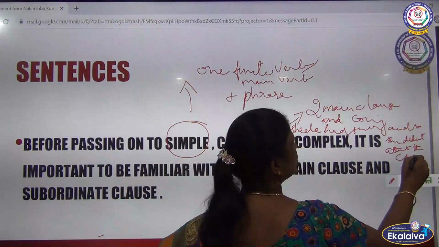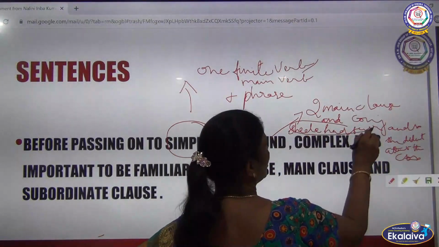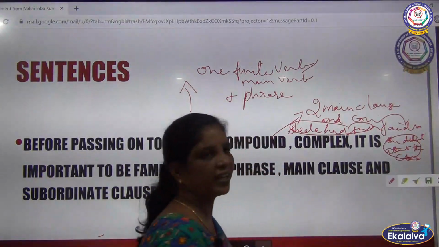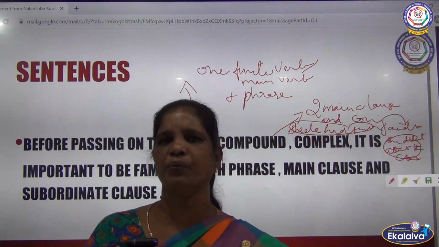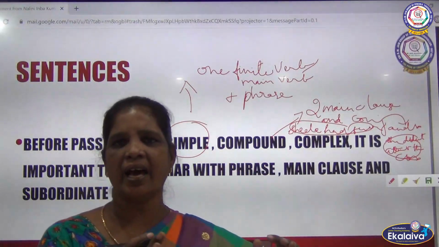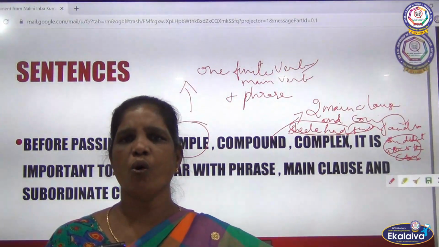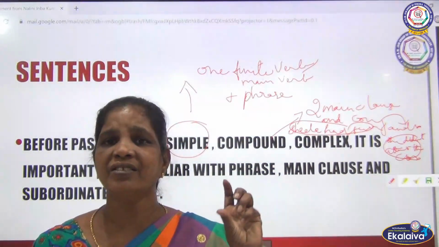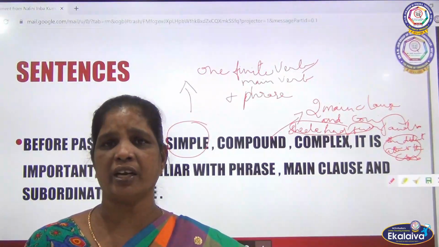So now you understood that this is one main clause, this is another main clause, and this is the conjunction. For example, Sheila had fever, that is one main clause, and so she didn't attend the class, that is another main clause. So that is the structure of the compound sentence.